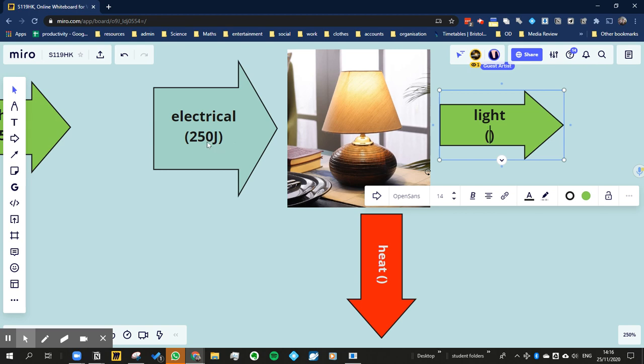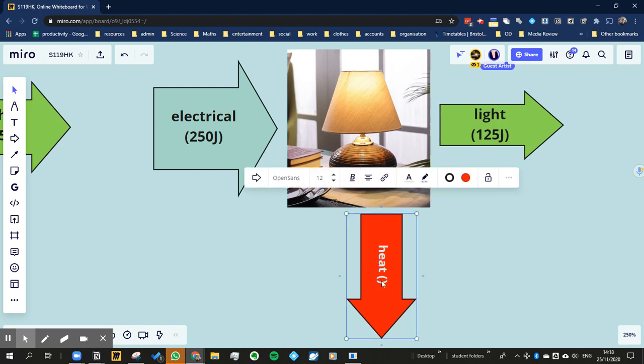Well, if we've got 250 going in and half of that is coming out as light, what we need to do is divide 250 by 2. What's half of 250? If this is split right down the middle, it would be 125 joules. That would mean that this would also be 125 joules.